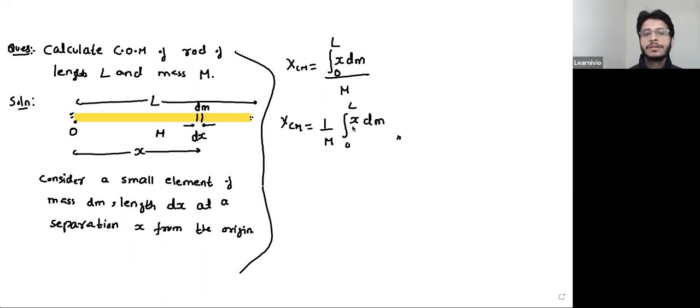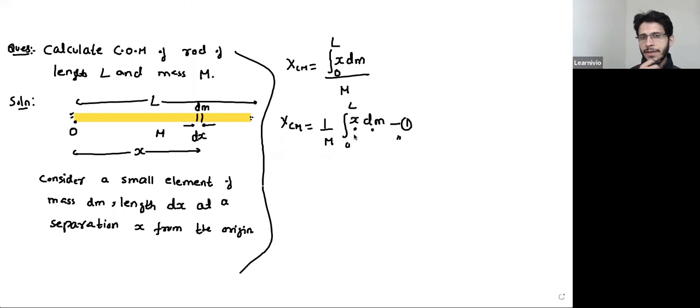It's because in an integration, you cannot have two variables. One is x and another is dm. If you want to integrate x, then instead of dm, you should have dx. But the formula says it should be mass only. So through some mathematical steps, you have to convert this dm in terms of dx.